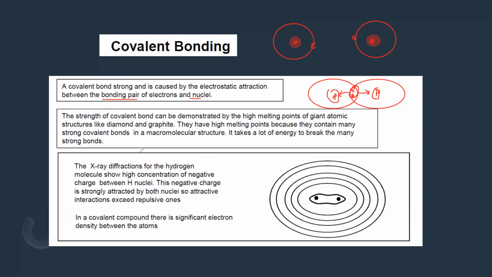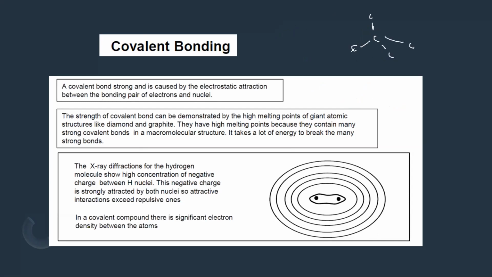And as the structure gets bigger, we can demonstrate the strength of the covalent bond by the high melting point of giant atomic structures like diamond and graphite. You will find that diamond and graphite both have giant structures, and throughout the structure they have covalent bonds.